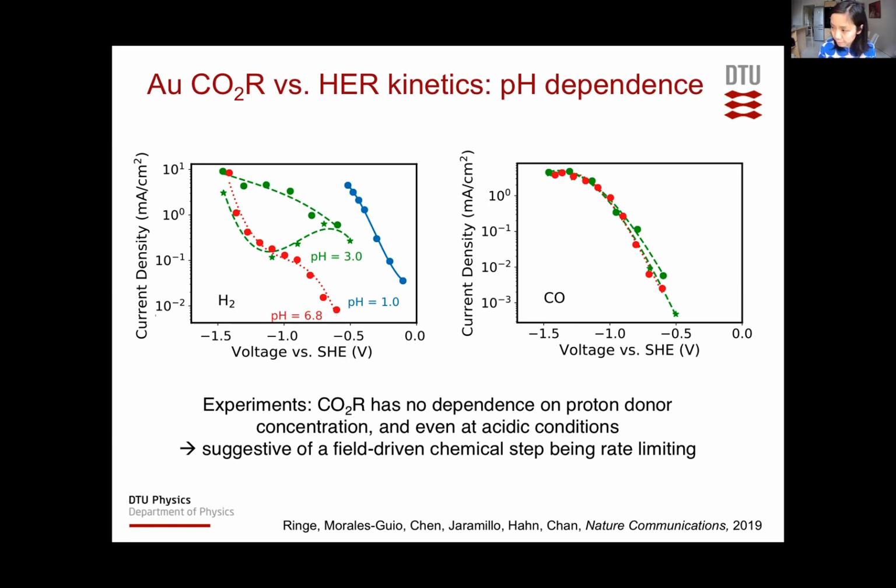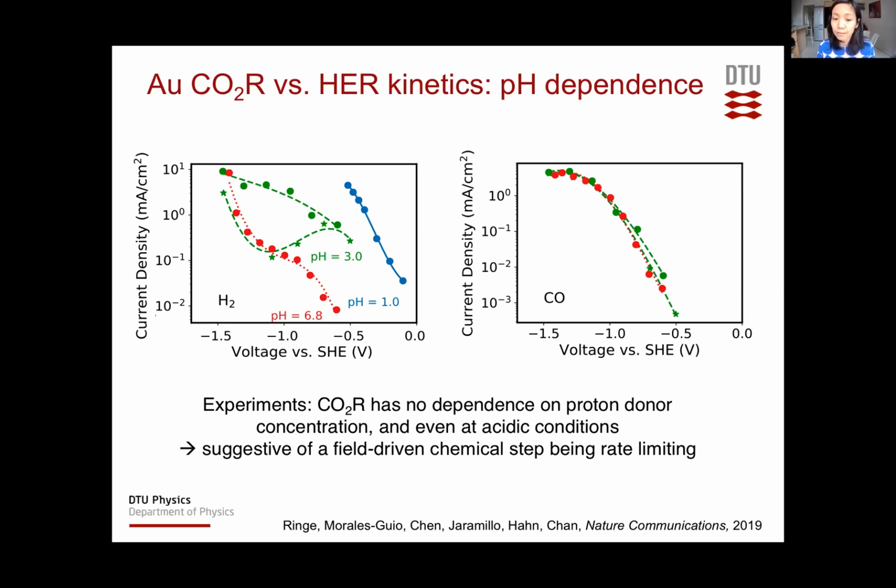The marked difference between these two products is a significant pH dependence for hydrogen evolution and not for CO. We'd expect that for hydrogen evolution because it's limited by proton-electron transfers, and we're changing the proton donor as we go to more and more acidic conditions. Whereas in the case of CO, we see no such effect, which suggests that proton-electron transfers are not involved.